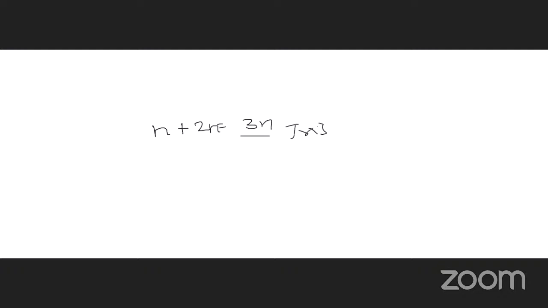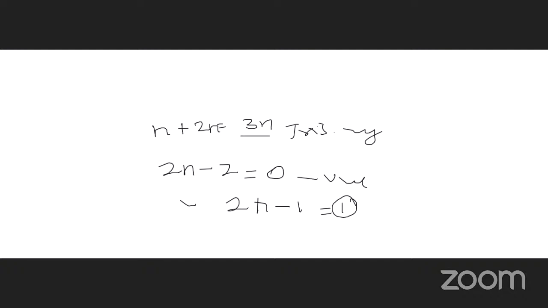Trisomy, isn't it? So what about nullisomic? What does nullisomy mean? 2N minus 2, so you will get 0. This is nullisomic. What about monosomic? Monosomy: 2N minus 1, you will get 1 only. So this is the monosomic nature.